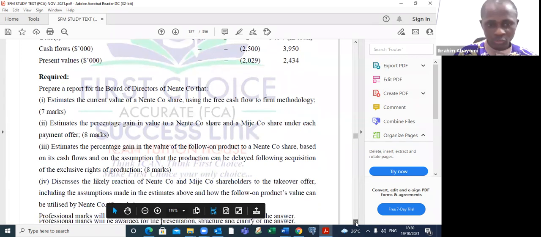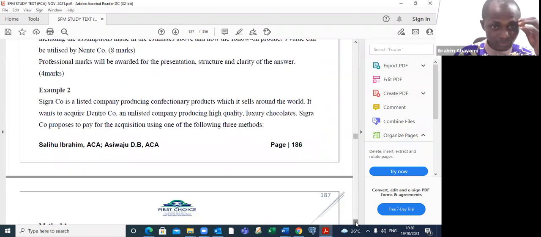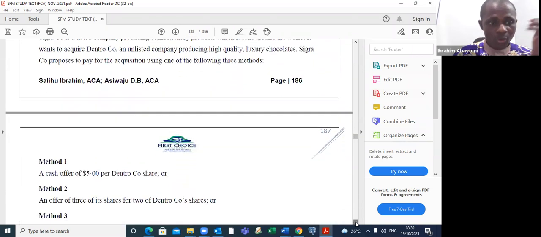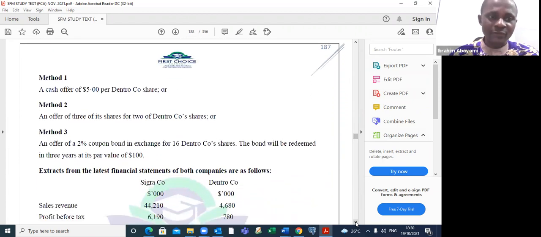Let's see which other question we can quickly address. Okay, let's look at this SIGRA code. I'm solving SIGRA code and one other question, and we use that one to round up. By tomorrow, we should be able to enter another topic. We round up hedging tomorrow by God's grace, and we enter another topic.